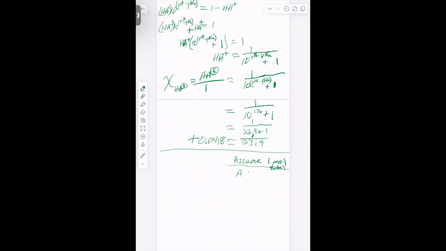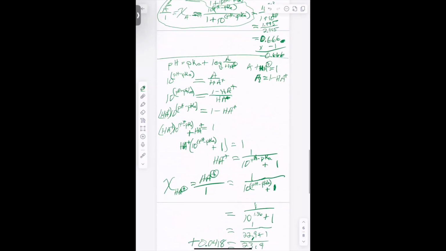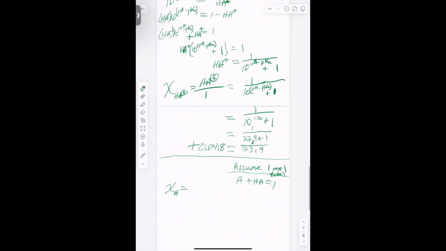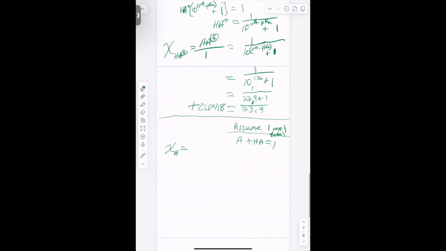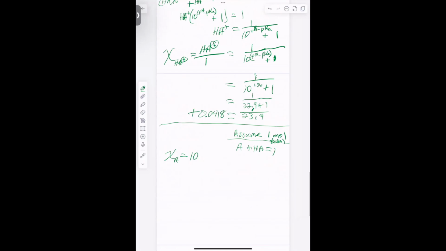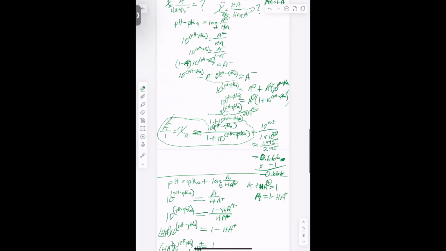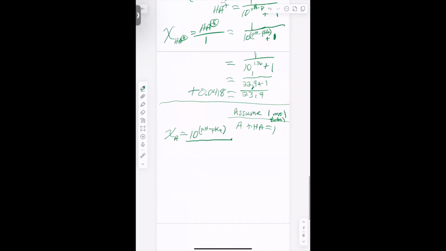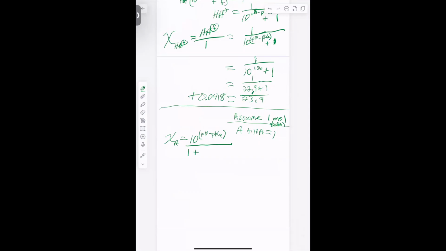If you can assume that A plus HA is equal to 1, then the mole fraction of A is equal to, and I'll try to draw this in my nicest handwriting, so mole fraction of A is equal to 10 to the pH minus pKa divided by, and I've got to look again, oh yeah, 1 plus 10 to the pH minus pKa.